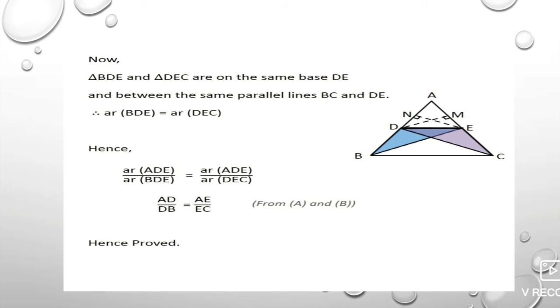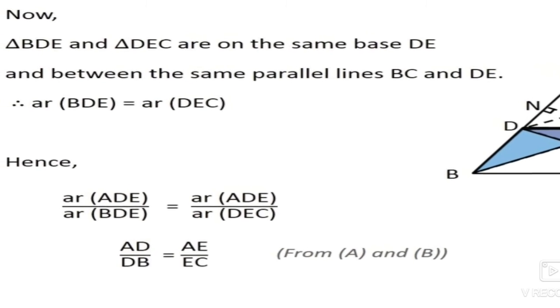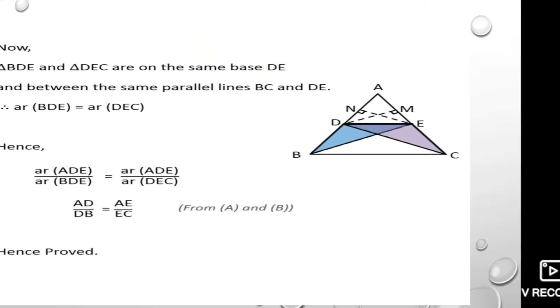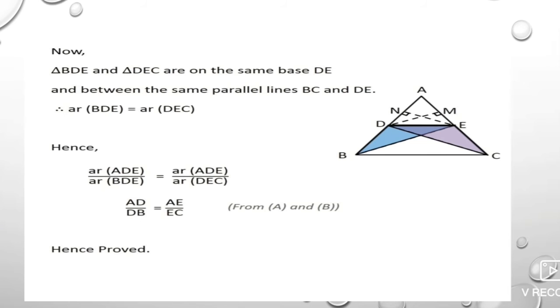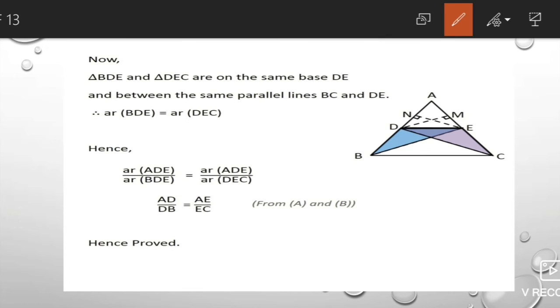Now as you can see in the figure, BDE and DEC, these two triangles are on the same base DE and between the same parallel lines BC and DE in the given condition, right? You have already considered that DE is parallel to BC.